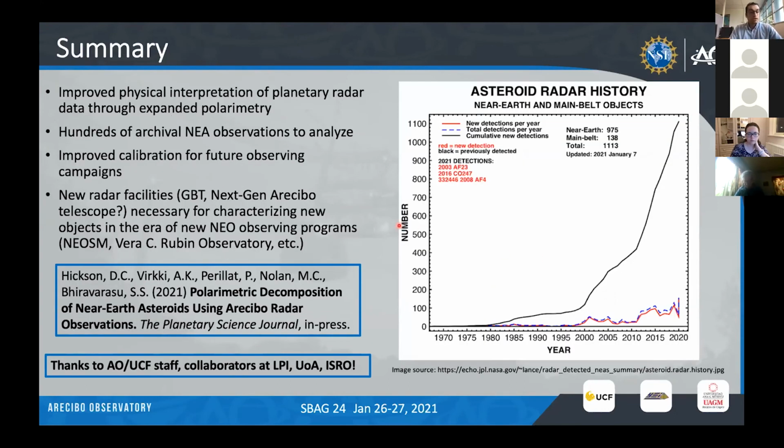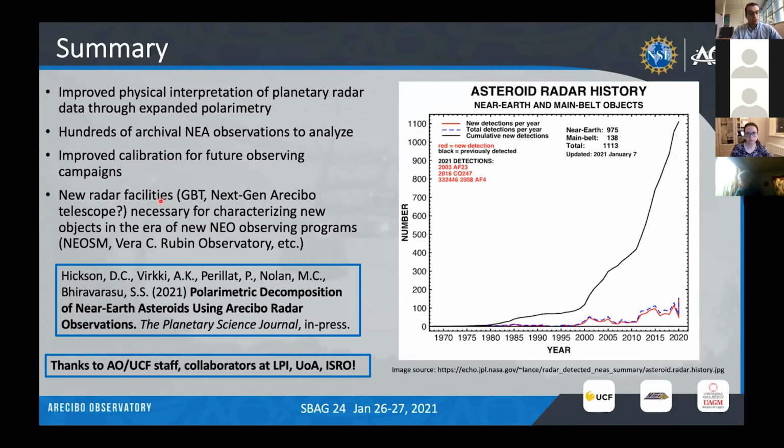So just to summarize, we can increase the accuracy of our physical interpretation from radar data by expanding the polarimetric techniques that we use to analyze that data. And not only can this be done for future observing campaigns that make use of an improved calibration scheme, but we can also look back at the archive of radar data for hundreds of asteroids that have been observed, and then apply this technique to reanalyze that data.